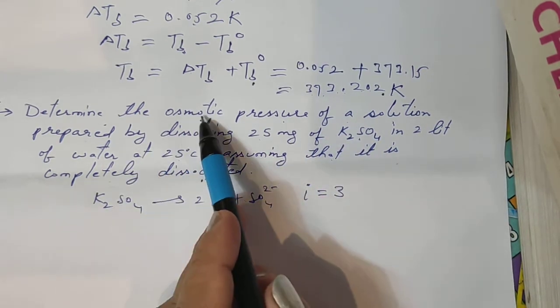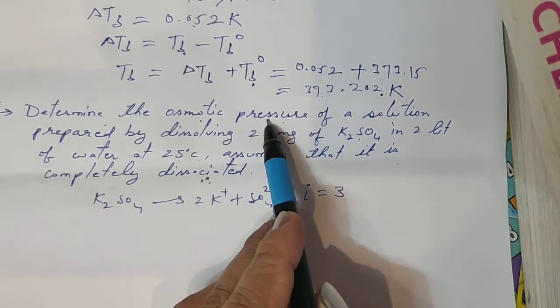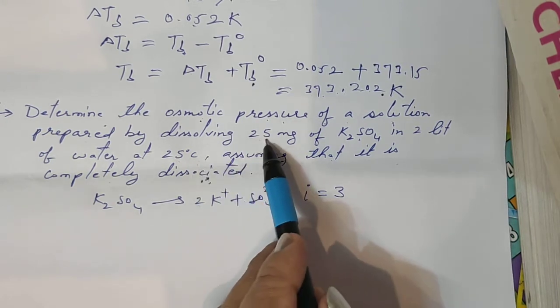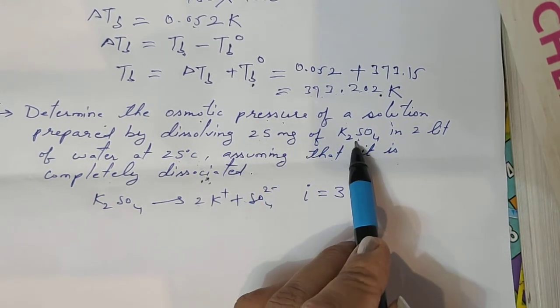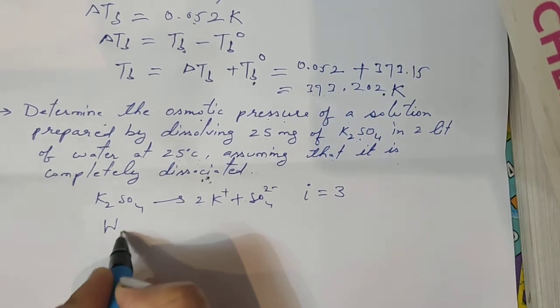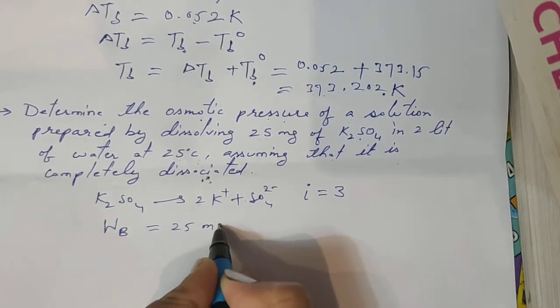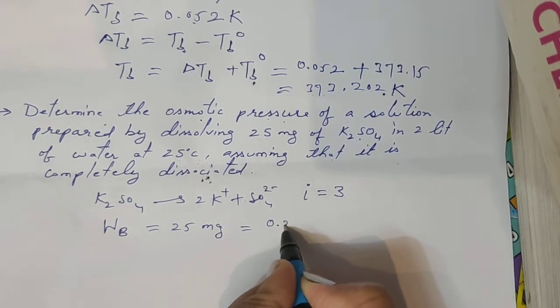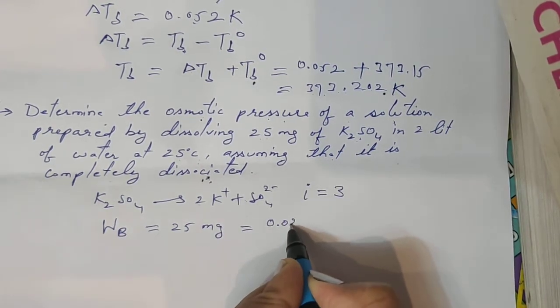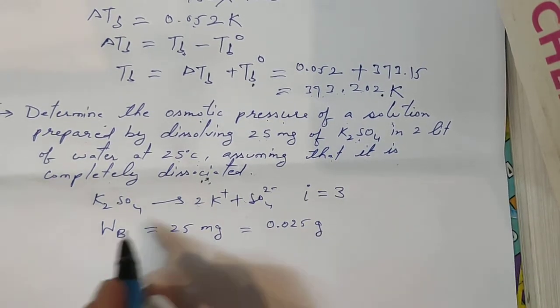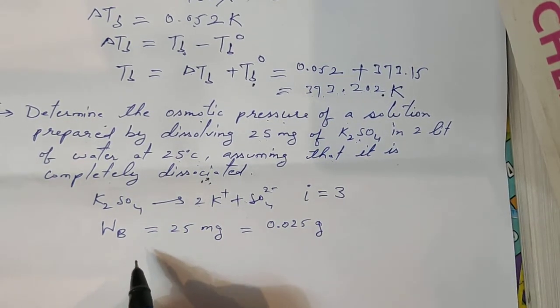We have to calculate osmotic pressure. Accordingly, we have to put the formula. Now 25 mg of potassium sulfate, it means Wb is equal to 25 mg, that will be equal to 0.025 grams. Volume is given, that is 2 liters.